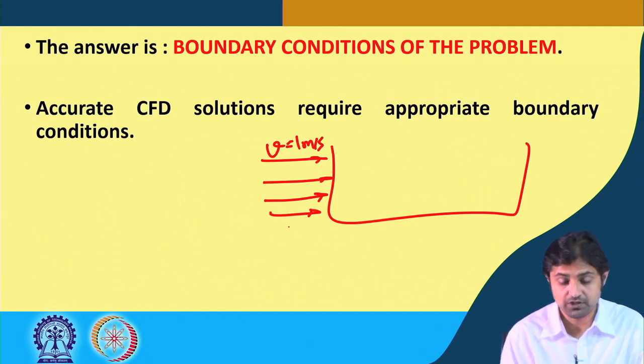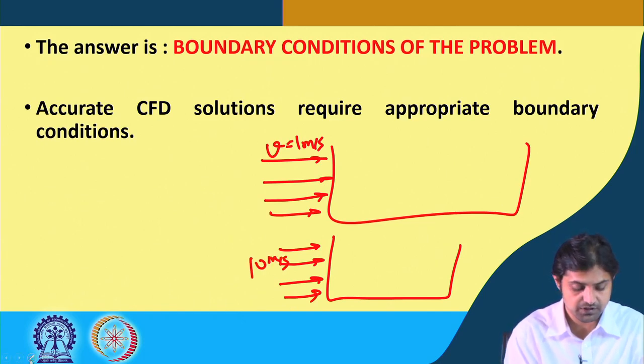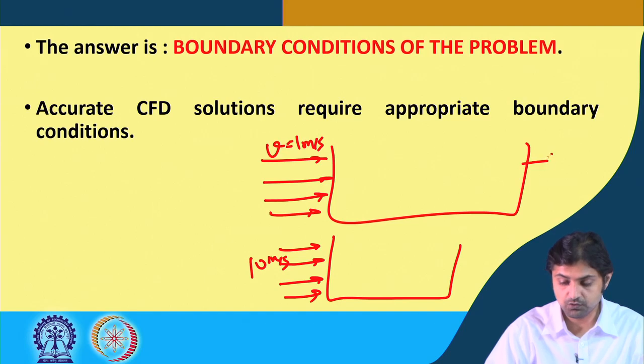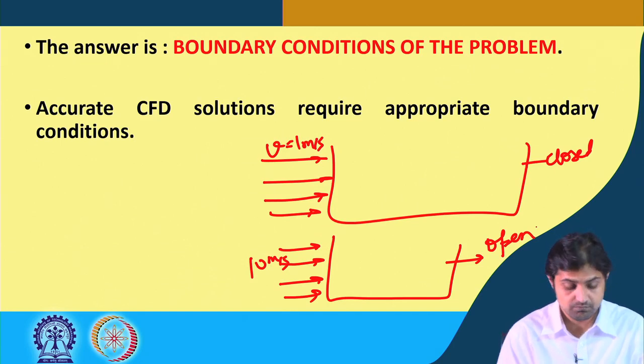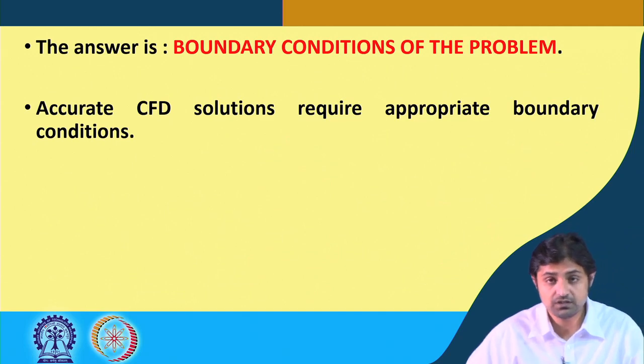So this is one boundary condition. There could be others where the velocity could be 10 meters per second, for example. So these are different boundary conditions, that is why we get different results. Suppose one of the boundary conditions could be that this is closed at this end and the other one could be open. So this is another boundary condition.